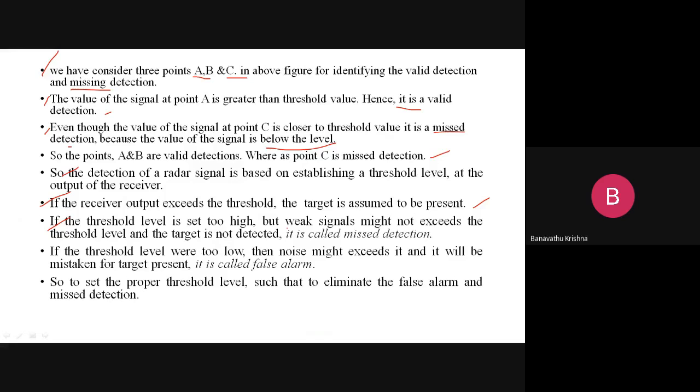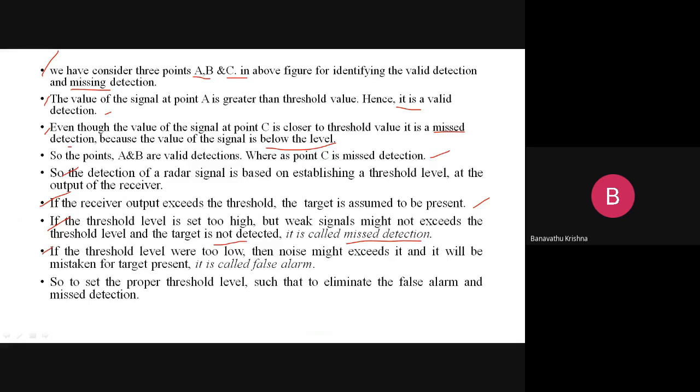All of these come under missed detection, because the target is not detected simply, but there is a target. We call it missed detection.